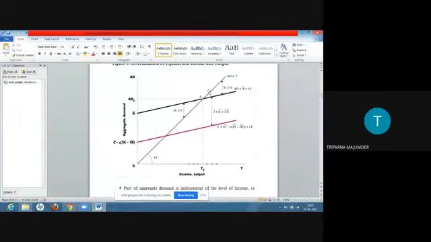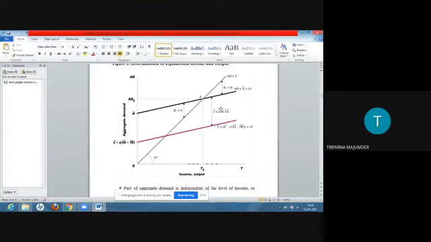But what is this vertical distance? It is nothing but investment. So savings is equal to investment at equilibrium. So savings is equal to planned investment at equilibrium. If we take a level of output which is higher than Y0, what do we find? We find that expenditure is this much, but income is more.